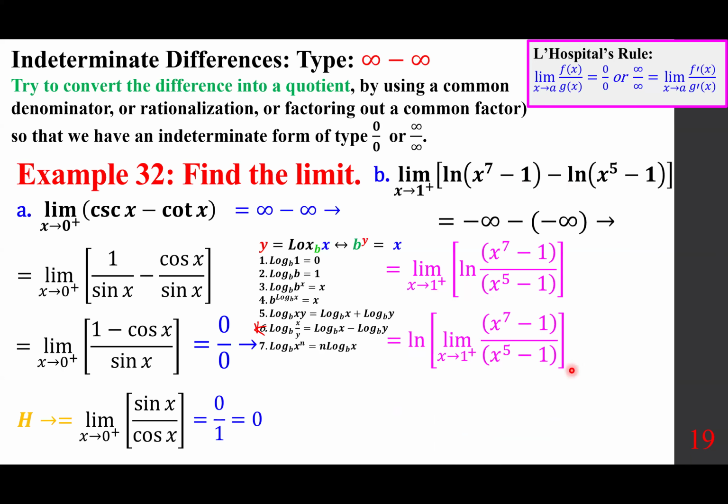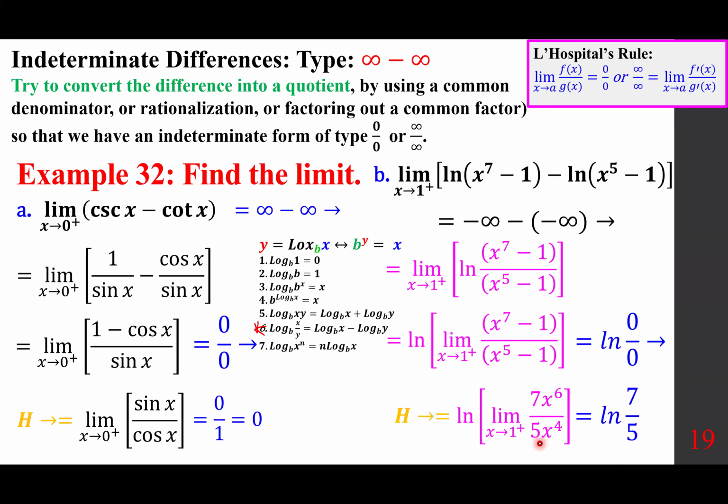So ln of the limit of this piece over this piece, if I plug in 1, I get 0 over 0. So I get ln of 0 over 0, which means now I can write natural log of the limit of, and I'm going to differentiate the top, 7x to the power of 6, and the bottom 5x to the power of 4. If I plug in 1, this becomes 7, this becomes 5. ln of 7 over 5 is the exact and final answer.